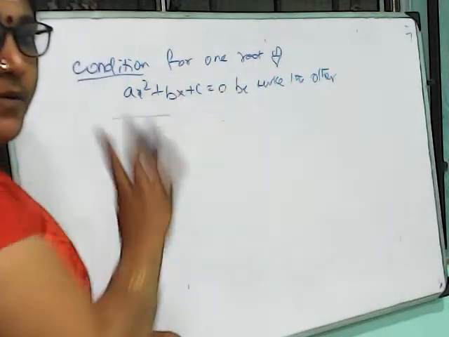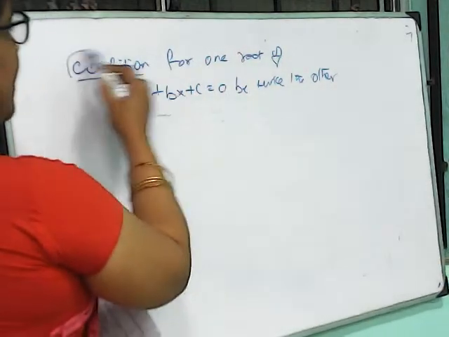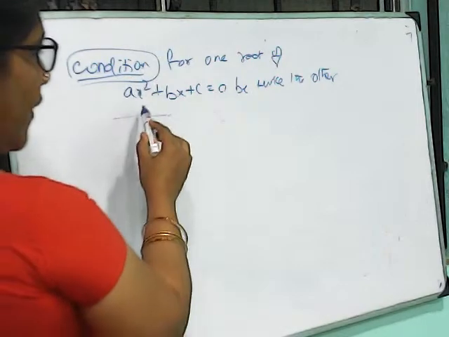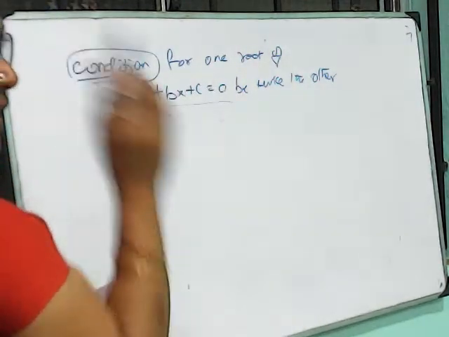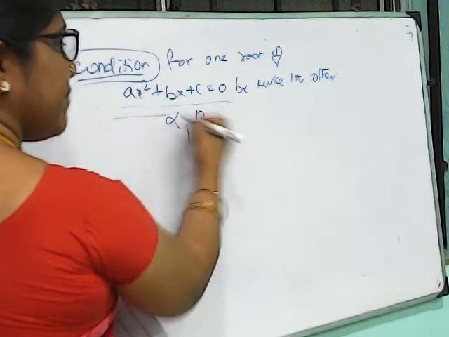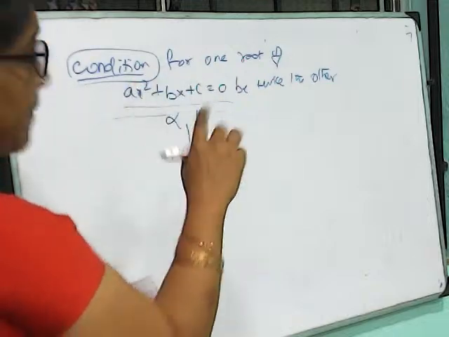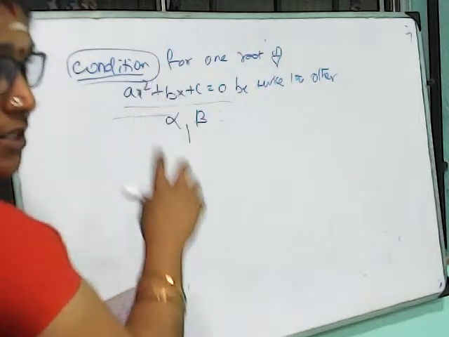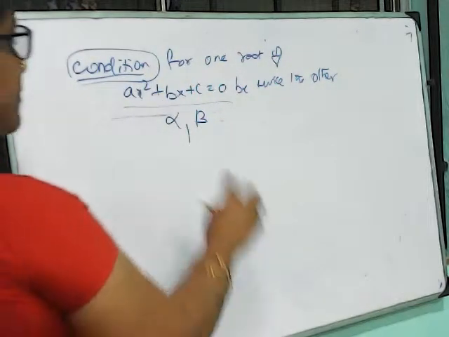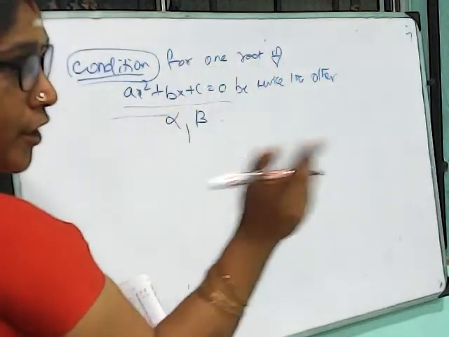Okay, so how will you derive the condition? We know this is a quadratic equation. It being a quadratic equation, you will have two roots, which are two zeros. If alpha and beta are the two zeros, what should immediately come to mind? Sum of the roots, product of the roots.